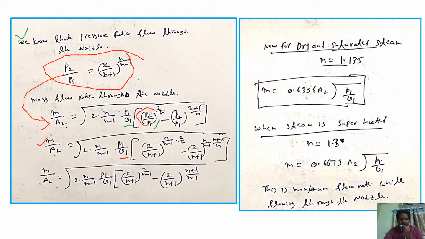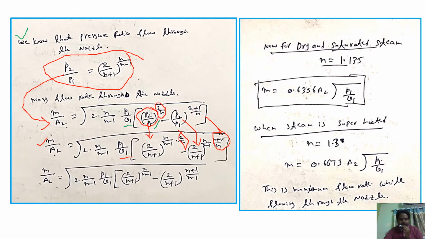Here in place of P2 by P1 I have written (2 by n plus 1) whole power n by n minus 1, into the term 2 by n that is already there, and again in place of P2 by P1 the same value, into n plus 1 by n, because n plus 1 by n is already there.